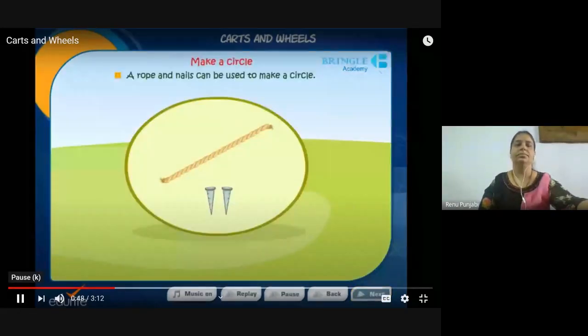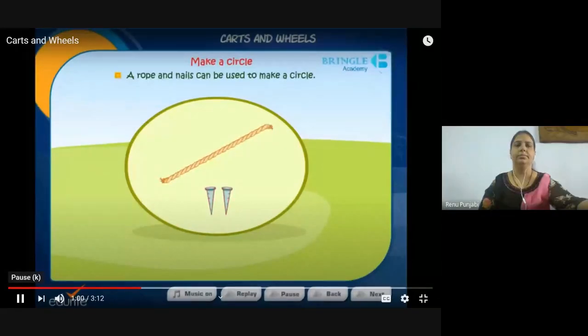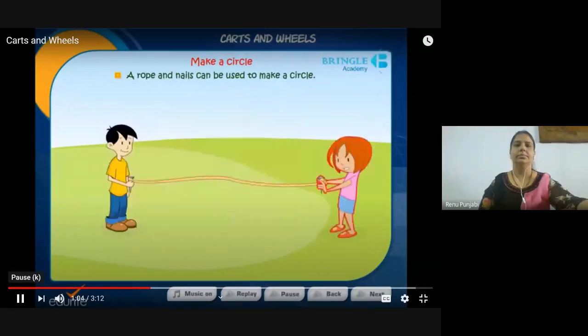Do you know that rope and nails can also be used to make a circle? Let's see how a circle can be made using a rope and two nails. Make sure you don't hurt yourself while holding the nail. Ria is holding a nail to which one end of the rope is tied. Nigel is holding another nail to which the other end of the same rope is tied.